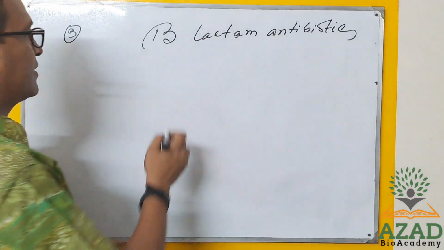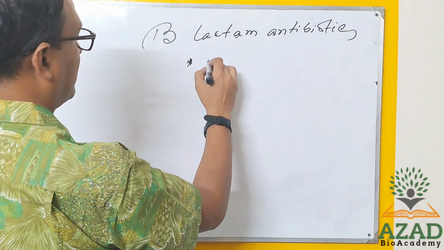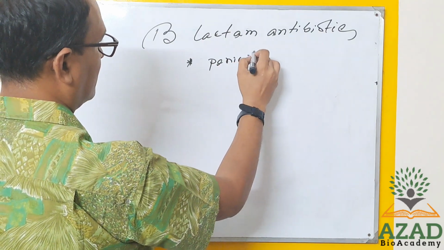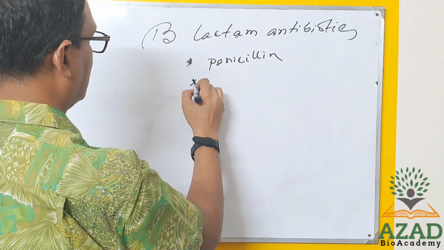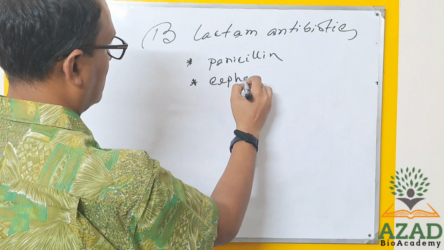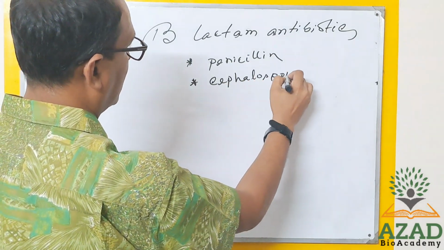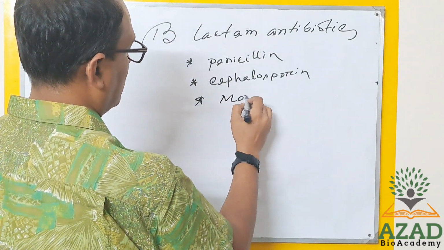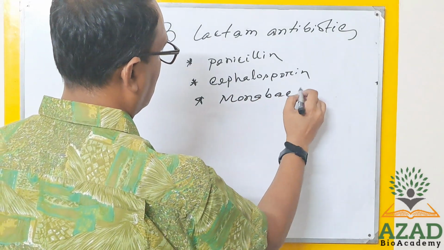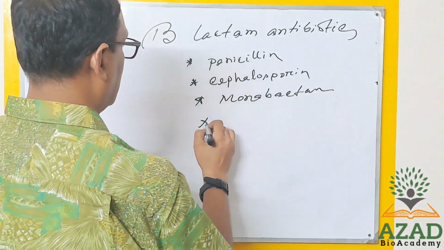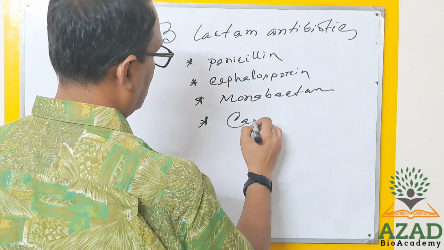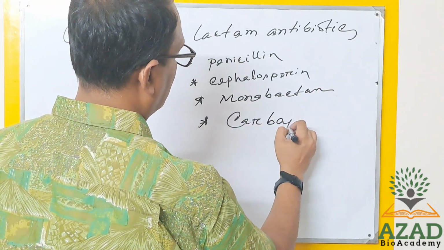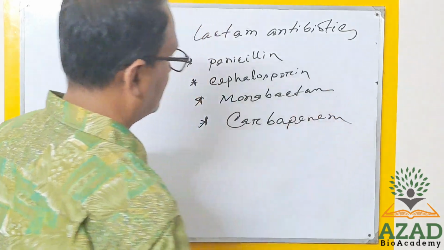Beta-lactam antibiotics are basically penicillin, cephalosporin, monobactam, carbapenem.